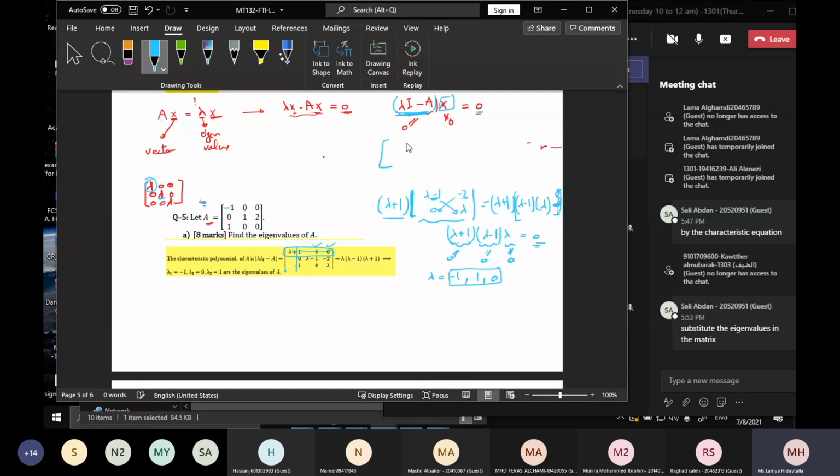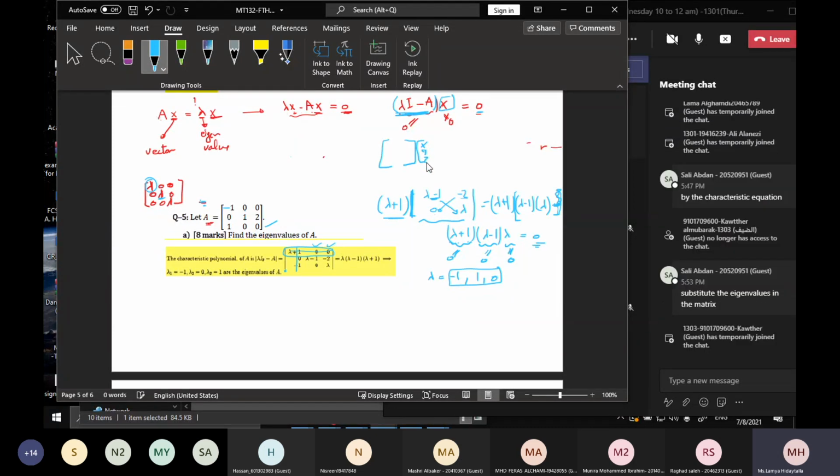So a matrix times the vector x, which will be here, because I have 3 by 3, like x, y, z. This is equal to 0, 0, 0. So I will have a system of linear equations, correct? And I can solve if I know the lambda. But I know the lambda.